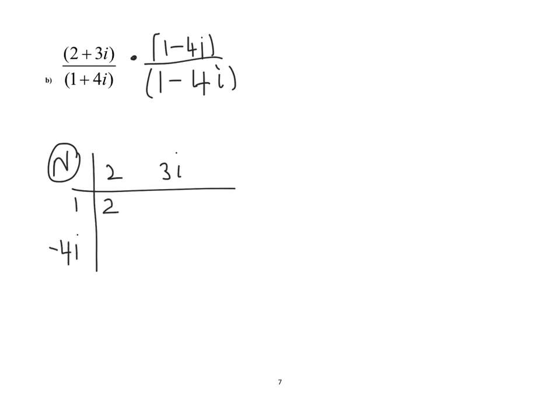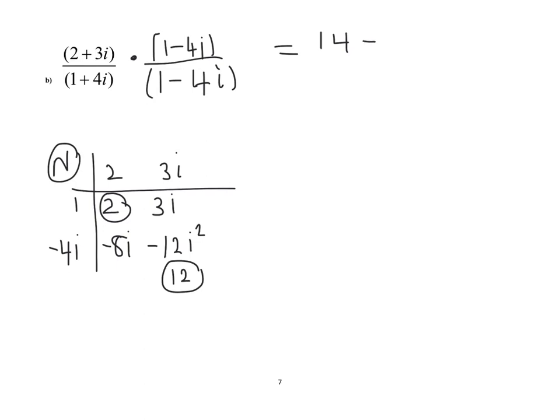So we get 2, we get 3i minus 8i. So this is minus 12i squared, and so this becomes 12. We combine with 2, so we get 14.